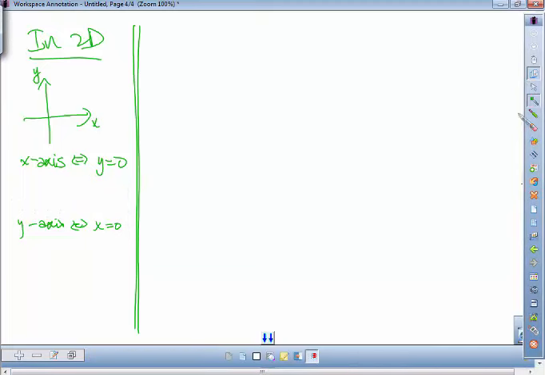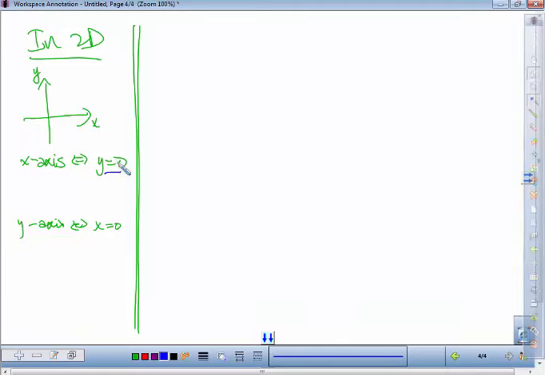When you say y is equal to 0, it's a relationship between an x and y value that says that your y is equal to 0, and what does it say about your x? Yeah, well, all of those.